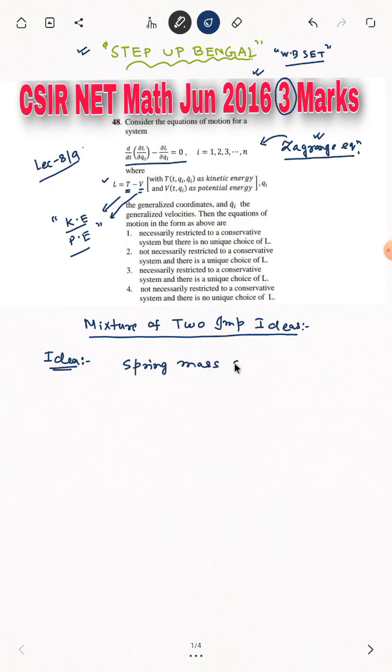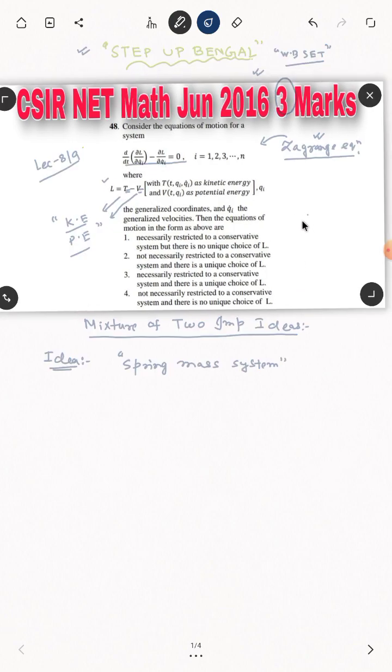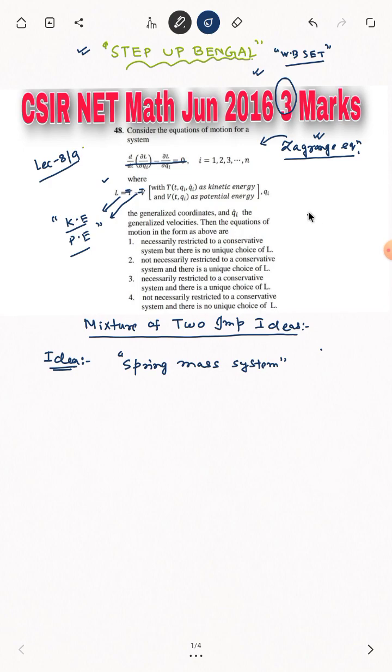As all CSIR net or WB set aspirants are very much familiar with a particular terminology that is called counter example, because in real analysis, in linear algebra, often we use counter examples to tackle the single choice question to eliminate options so that the correct option automatically stands out. In dynamics also, or rather in classical mechanics also, we should and must use counter example.